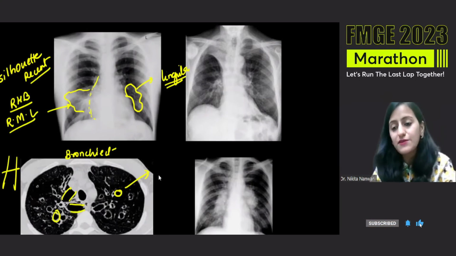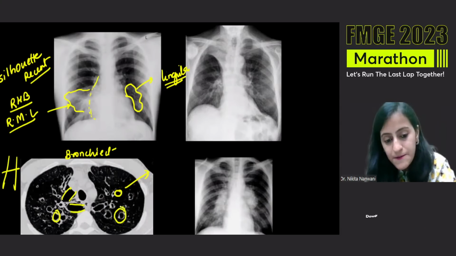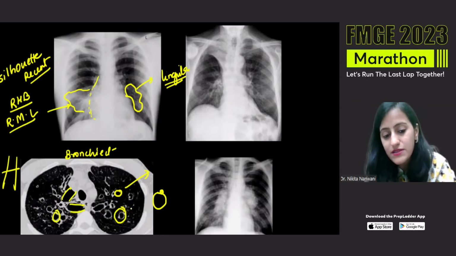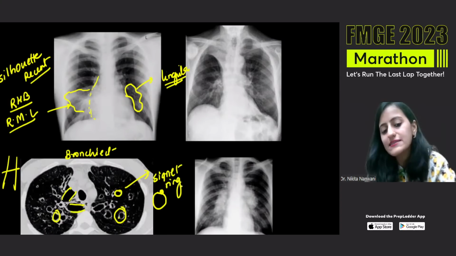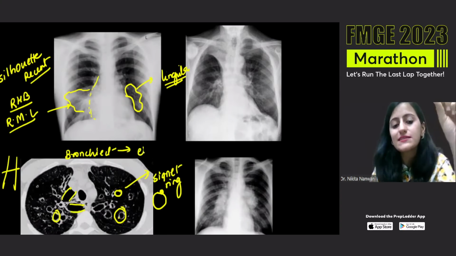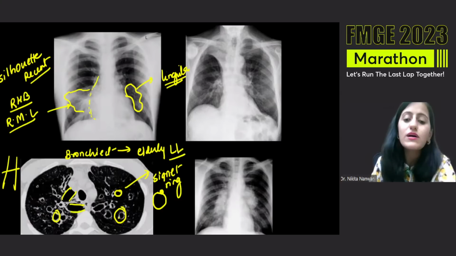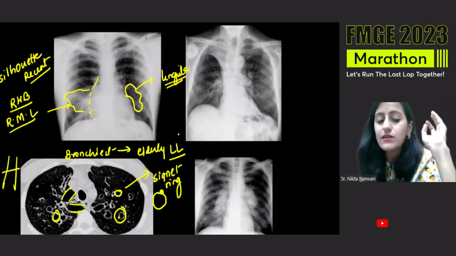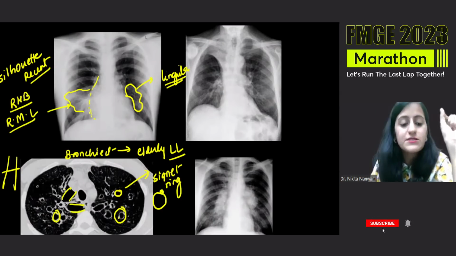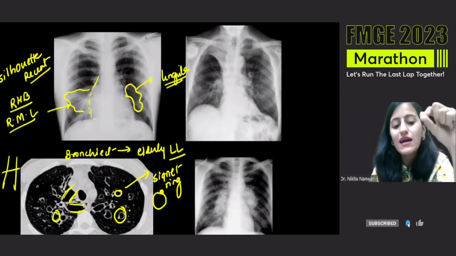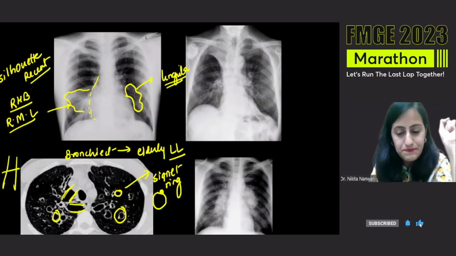What other sign are you seeing here in bronchiectasis? You have the dilated bronchus with the small vessel there. That is called the signet ring sign. So remember, in bronchiectasis, generally it is the elderly patient with cough. The lower lobes are commonly involved. So that is bronchiectasis, the tram track, the signet ring sign that we are seeing.